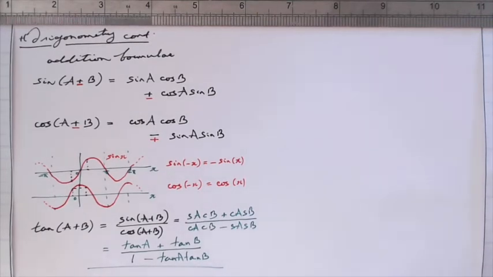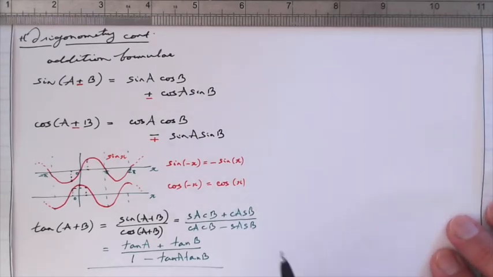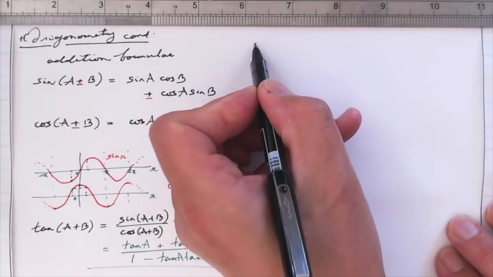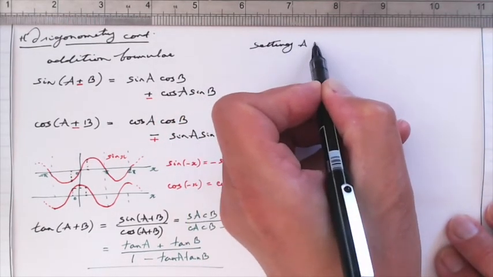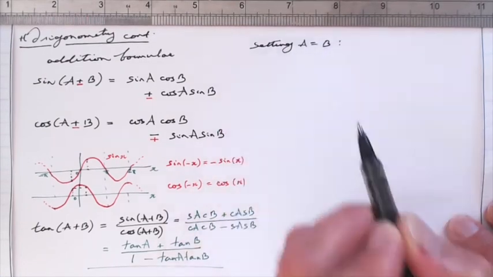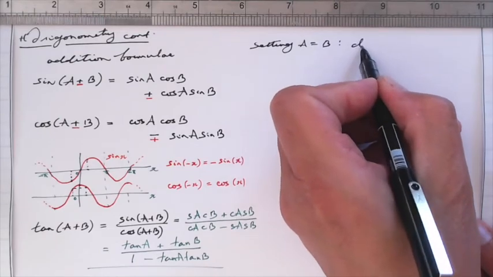Good. Right, now, a special case of these addition formulae, which is very, very nice, is when we set A equal to B. And that's going to generate for us things that are often called the double angle formulae.